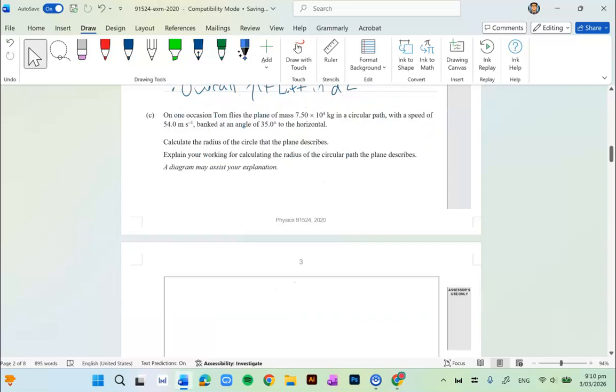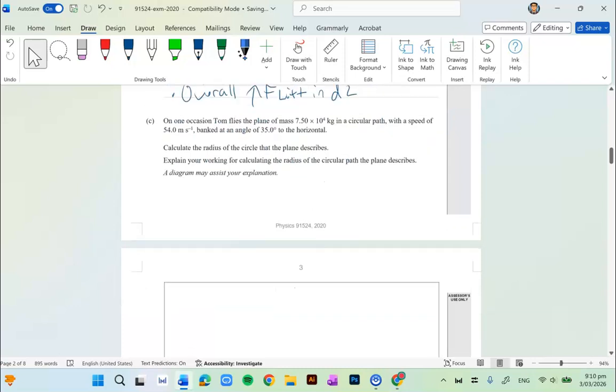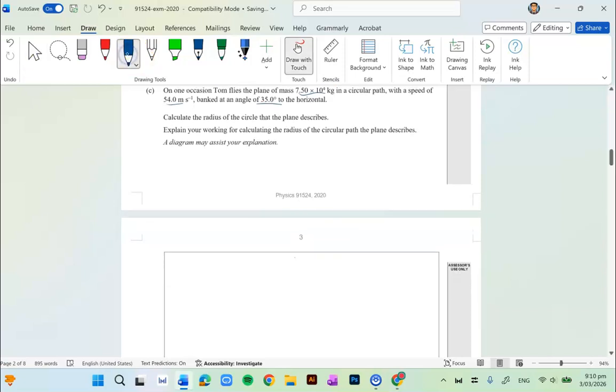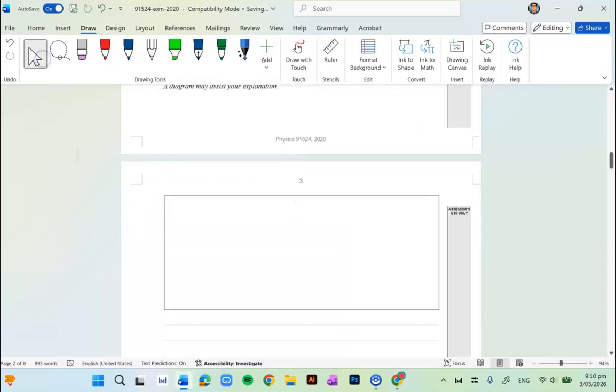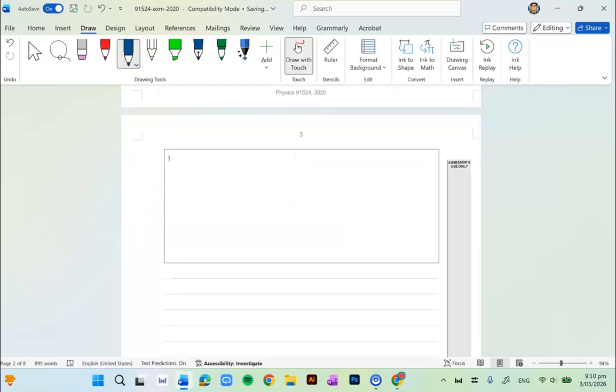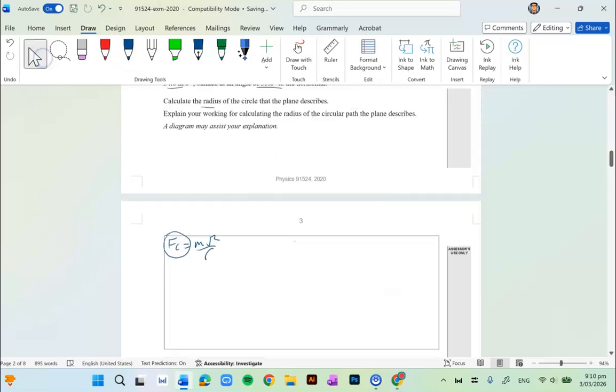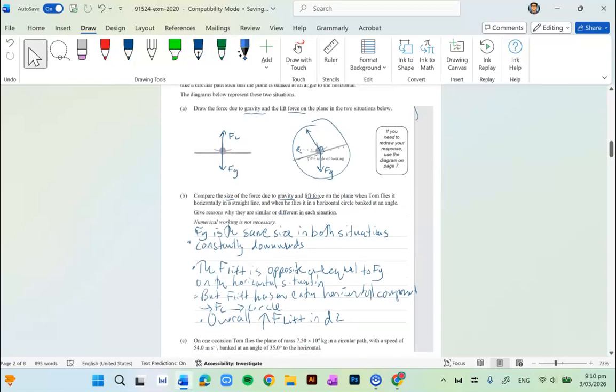Right, on one occasion Tom flies a plane with this mass, and then this, I'm just highlighting the relevant information. Calculate the radius of the circle. Cool, alright, that's all I need to know. So FC equals mv squared over r. We don't have FC, so we need to find that, and they asked us to draw a diagram, so we're going to do that.